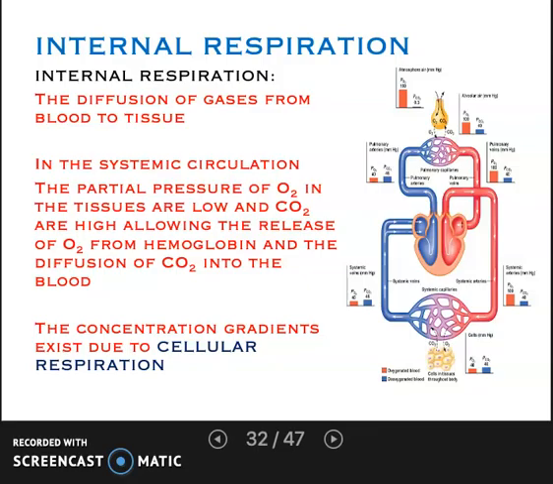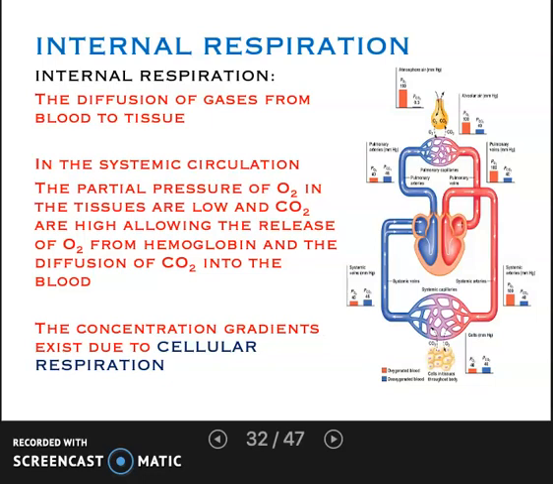Next, internal respiration. So I've got ventilation, and I've exchanged gases in the lungs, and this involves the diffusion of gases from the alveolus into the bloodstream, and from the bloodstream out into the systemic tissues.